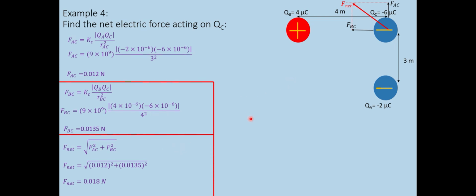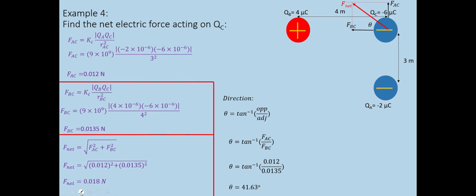Then for the direction, tan inverse opposite over adjacent, I will choose this angle. The opposite side is this one, which is the same as FAC. The adjacent is FBC. So it's tan inverse FAC over FBC. We replace and we get the answer.